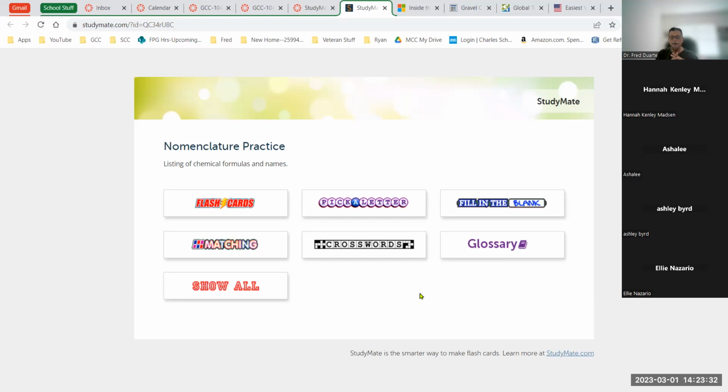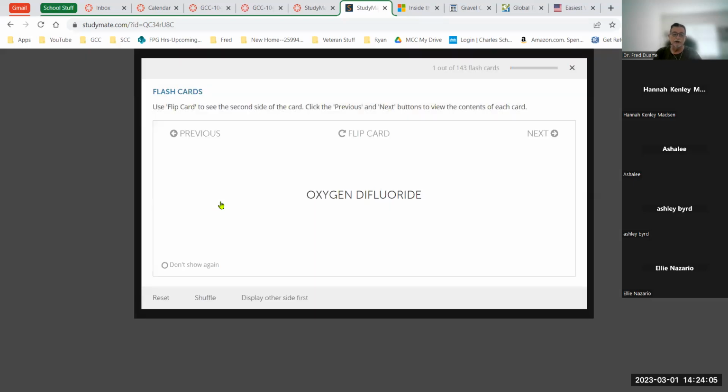What I've done is I uploaded, I forget, 140 compound names and structures. It's been a while, and they're in there, and it helps you prepare for naming these compounds. Now, I wouldn't use all of these, because this one doesn't understand, like the crossword, capital letters and spaces. So I would stick to either matching and/or flashcards, and I'll click on flashcards. As I click on flashcards, you see I uploaded 143 compounds.